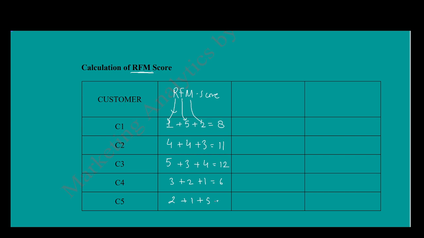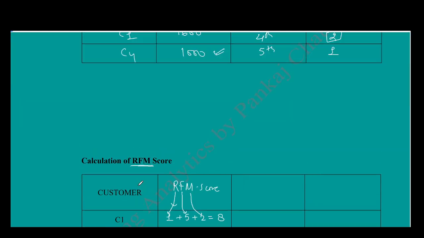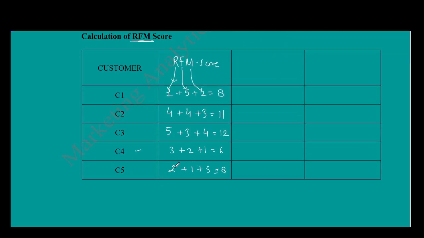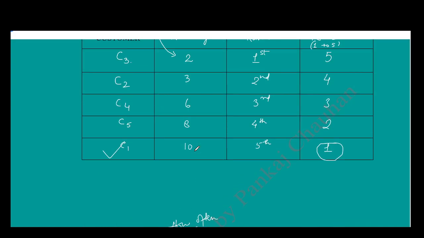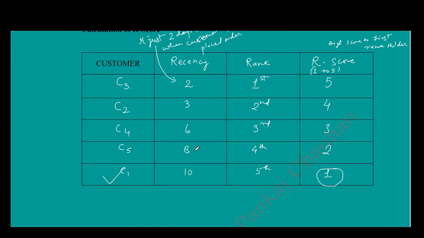And just as a cross check, let us see C4. We'll see what the R score, F score, and M score are for C4. The R score for customer C4 is 3.